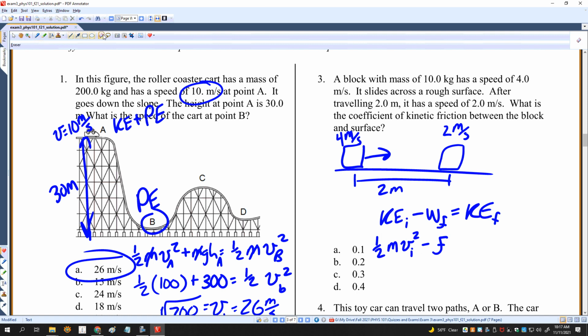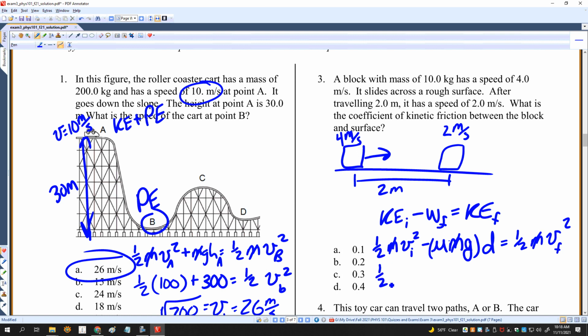That's going to be 1/2 of m times v initial squared minus the frictional force. Look, I don't know the frictional force. I'm going to make this a little bit different and say that this is mu times the normal force, and the normal force is m times g. And then that's all the frictional force, and then the distance, which is going to be 2 meters, I know that, but I'm just going to keep it blank right now. And then this is equal to 1/2 m vf squared. Now, I can get rid of all these masses. They all cancel out.